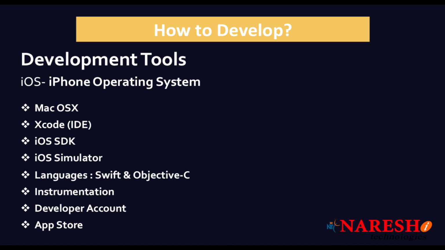We need to enroll in the developer portal membership, and the App Store stores the list of applications where users can go and download them. So that's it, these are the tools required to develop iOS applications.